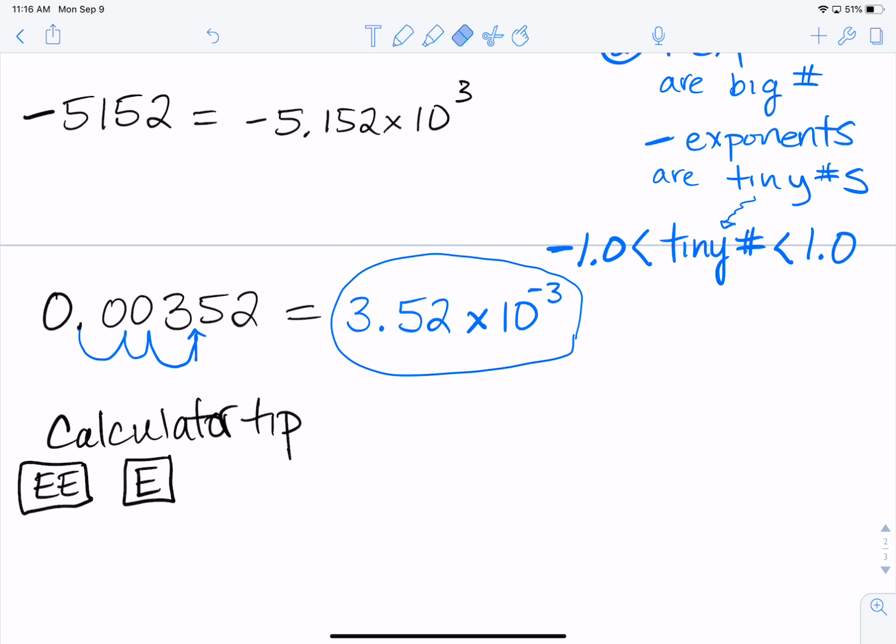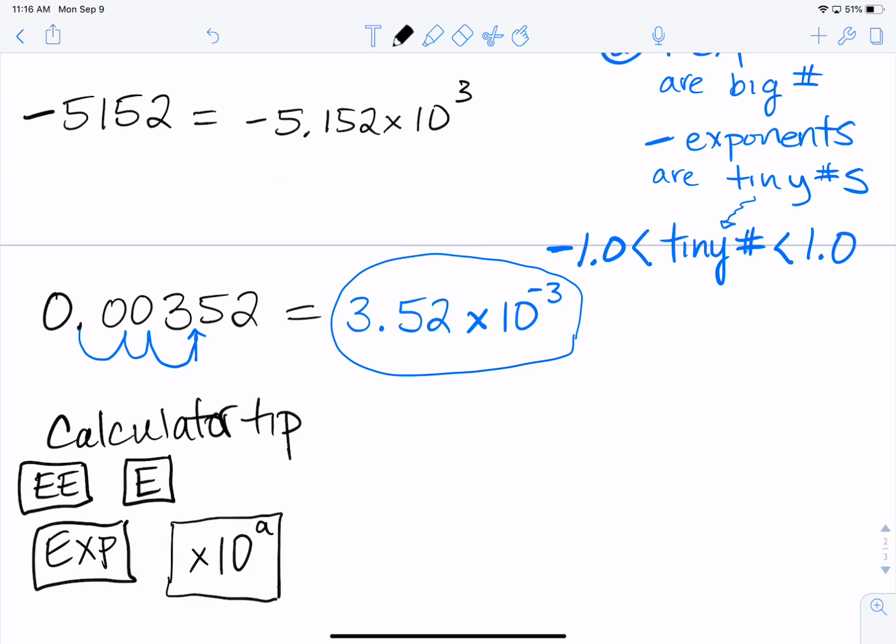Some calculators have EXP, and some calculators have a button that looks like this, 10 to the A. You guys are the lucky ones. So here's what you're going to do. Let's enter the number 5.152 times 10 to the third.